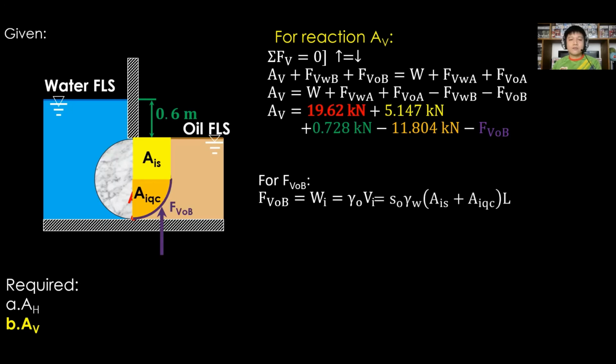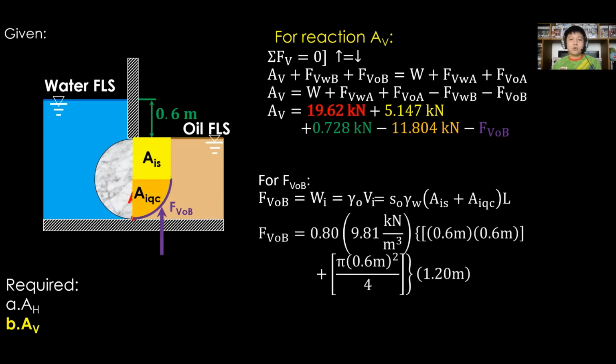Updating now, F sub VOB is equal to the specific gravity of oil times the gamma of water, then times the quantity, imaginary area of the square plus imaginary area of the quarter circle, then multiply by length L. Substitute S sub O, or the specific gravity of oil, as 0.8, gamma of water 9.81 kilonewtons per cubic meter, the imaginary area of the square as 0.6 by 0.6 meter, the imaginary area of the quarter circle as pi times the radius, that is 0.6 meter raised to 2, then divided by 4, and the length of the cylinder as 1.2.